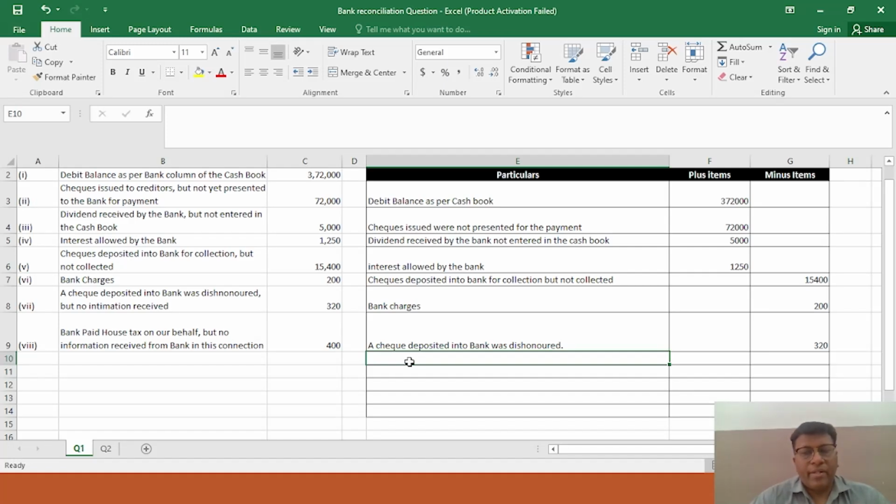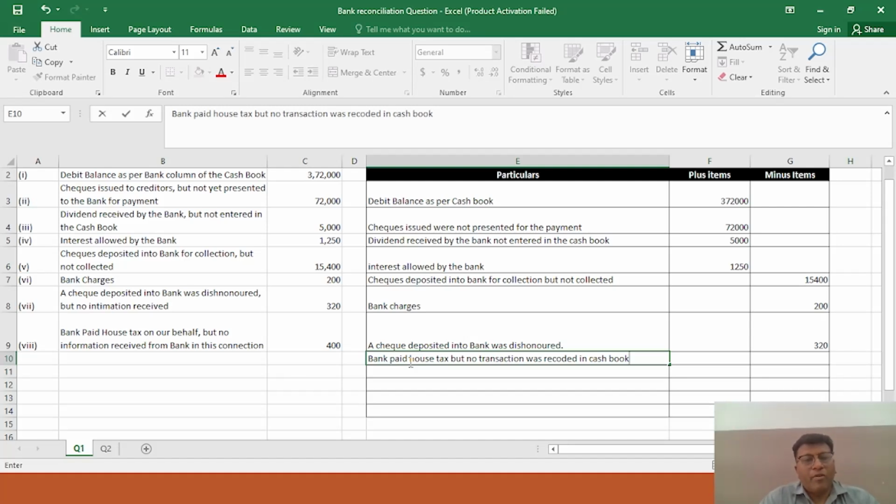Okay, you have instructed the bank, right? So what is the particular transaction? Bank paid house tax, but no transaction was recorded in cash.